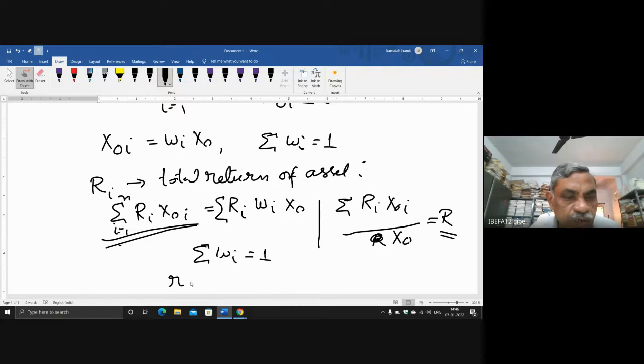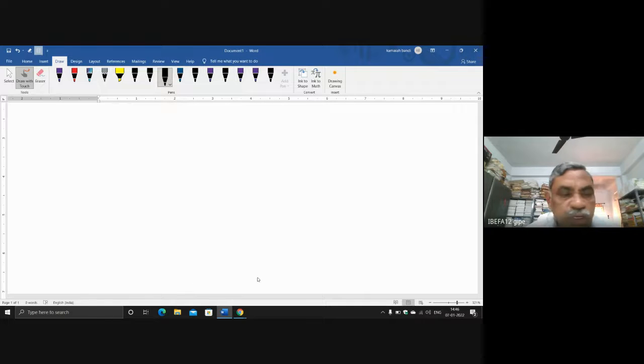Let small r be the return on the portfolio, which is nothing but summation of the return on all the assets, i equal to 1 to n. Therefore, this is just to develop the background: capital R equals summation Wi Ri, and small r equals again summation Wi small ri.